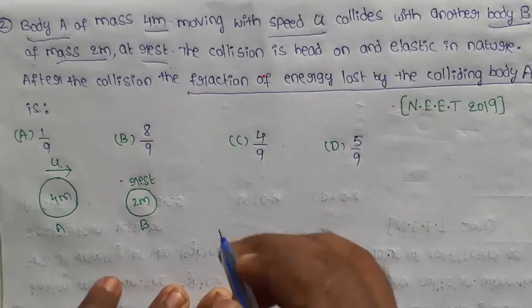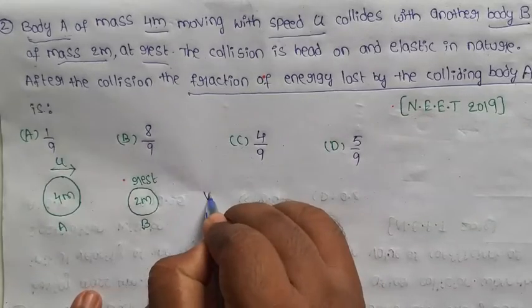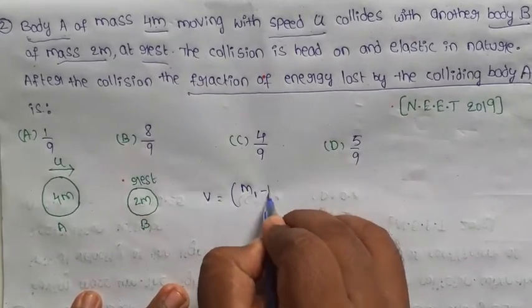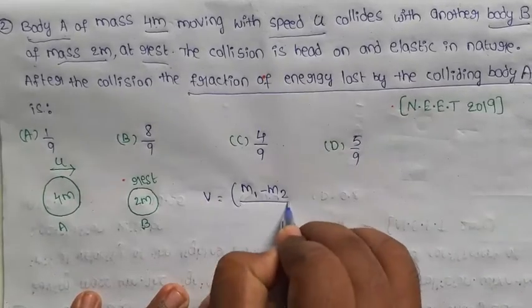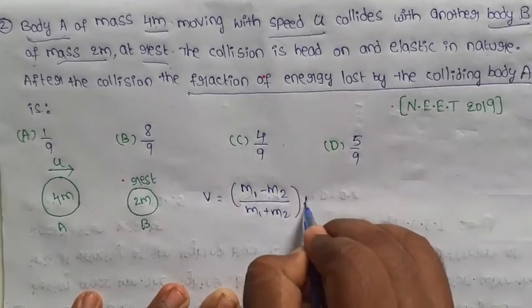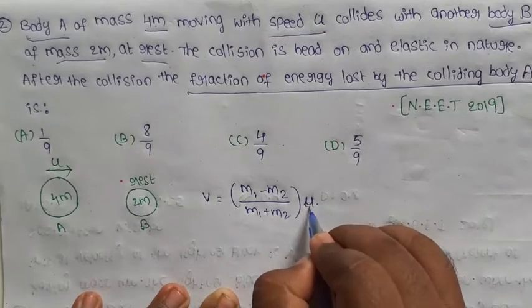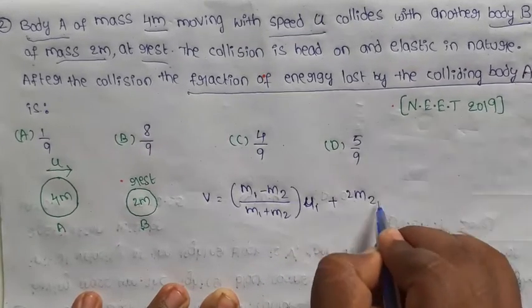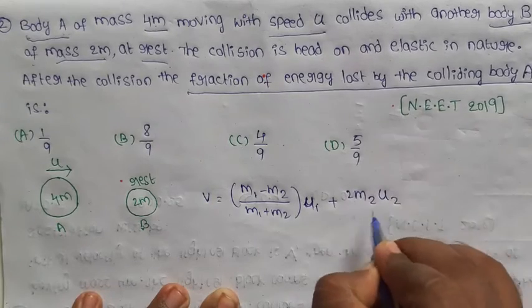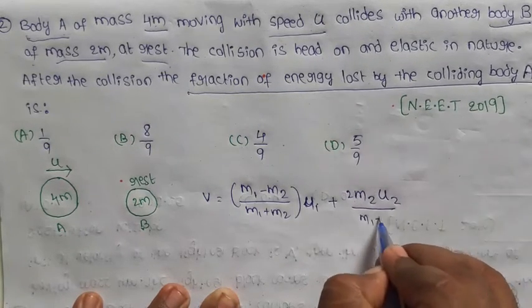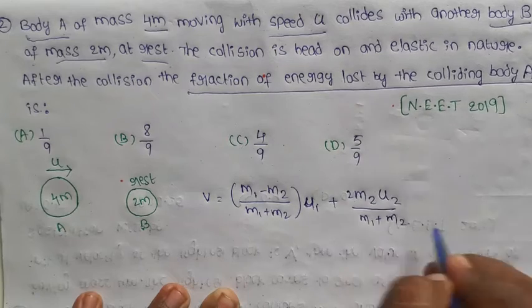The formula for final velocity: V equal to (m1 minus m2) by (m1 plus m2) into u1, plus 2 m2 u2 by (m1 plus m2).